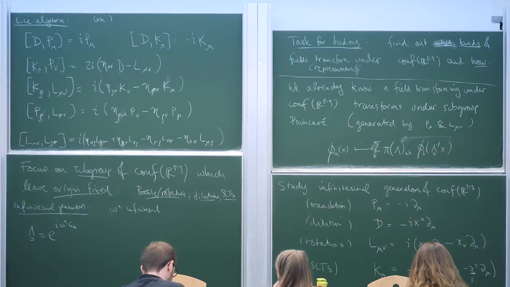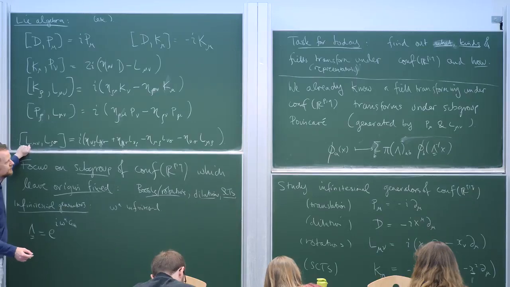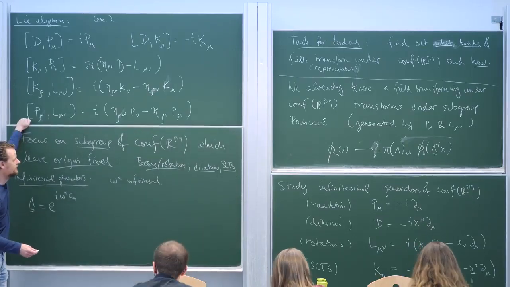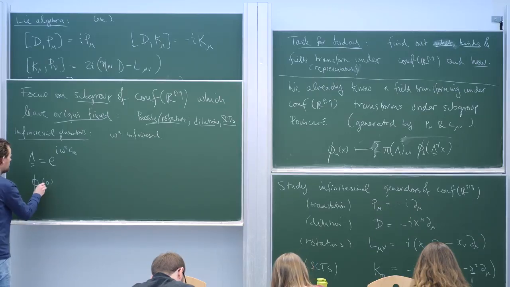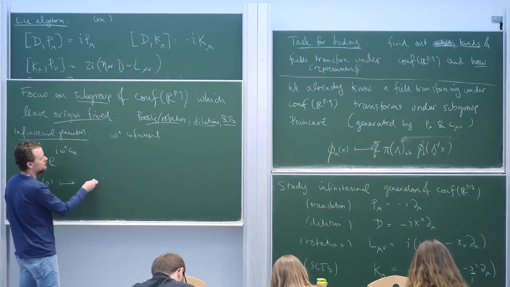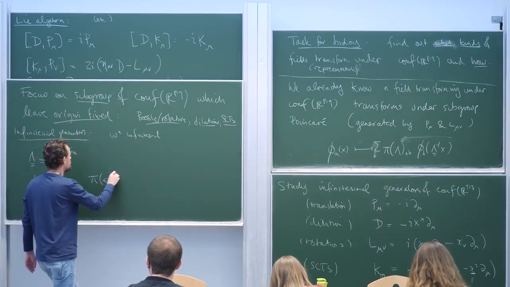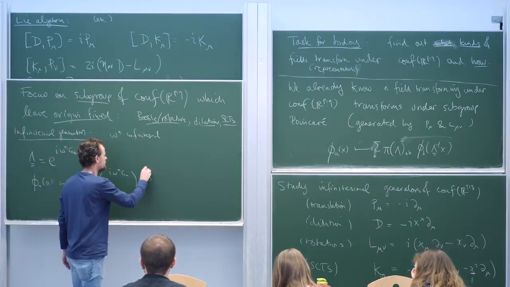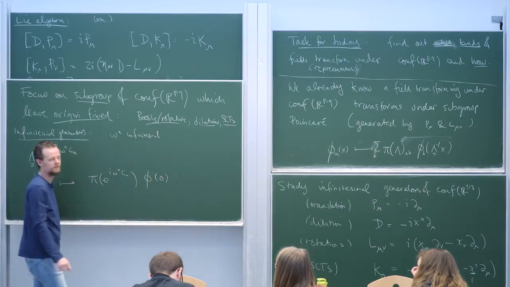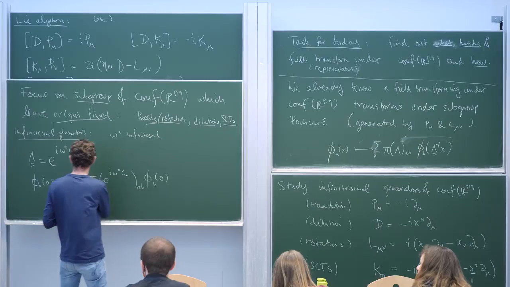We want to think of a little one of these. How does the field transform now at the origin? The field phi at the origin goes to pi of this. This is the nice bit about this assumption.